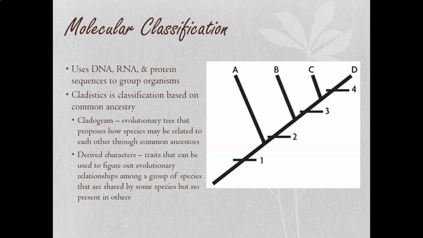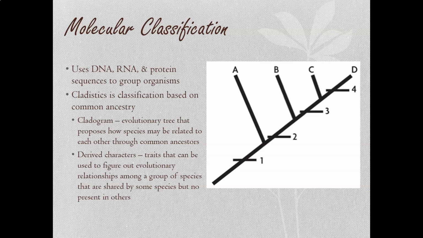So cladistics is just the classification of organisms based on common ancestry. And we create cladograms, which is what this is. This is a cladogram. And these are just evolutionary trees. They are hypotheses, they are proposed explanations of how closely related certain organisms are to each other, and they're based on these things called derived characters.